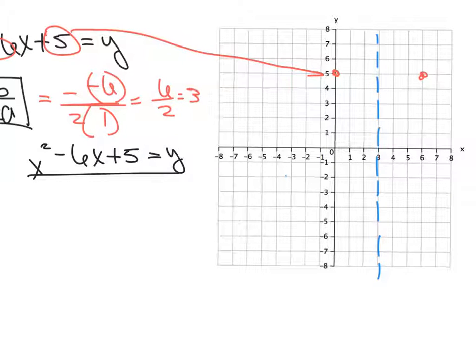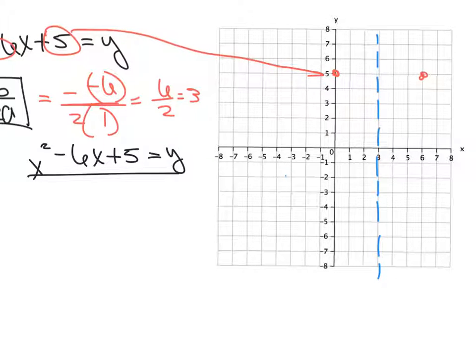So we found a couple different things. Now we need to find the bottom of this, the vertex, the turning point. It's going to turn somewhere on this blue dotted line, but we're not sure if it's there or there or there.